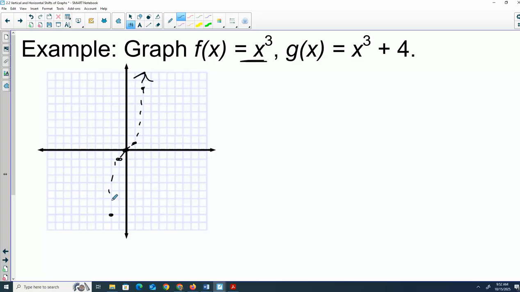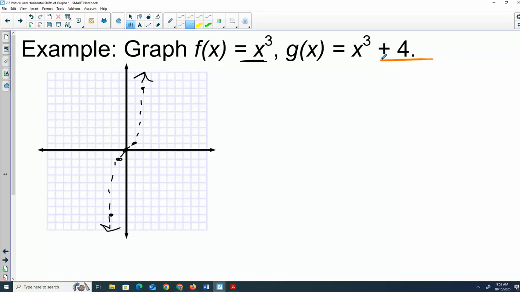What I want you to do is when we're graphing that parent function, the original, we will always do it as a dashed line. That's what tells me it was the original. Okay, if you don't want to do a dashed line, then you have to label which is which. Then I want to do this transformation.